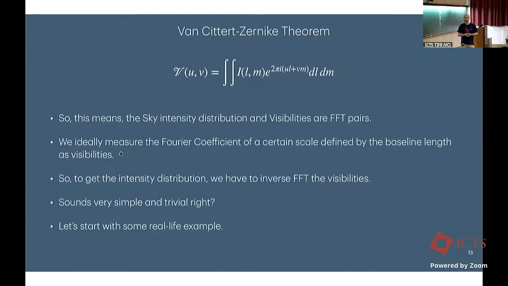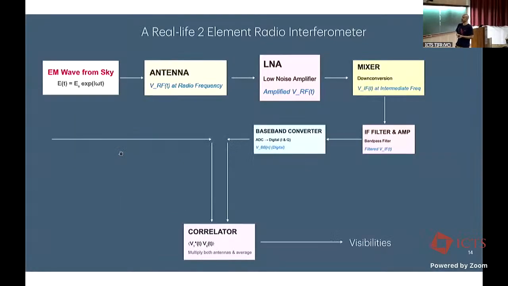Easy enough, isn't it? In real life, things are, of course, a bit more complicated. So we have our wave coming in at our antenna. Our antenna, of course, receives this, and it all comes in to our electronic system. We have low noise amplifiers because the signal is extremely low, and we just need to amplify everything to get anything. This is being down converted.